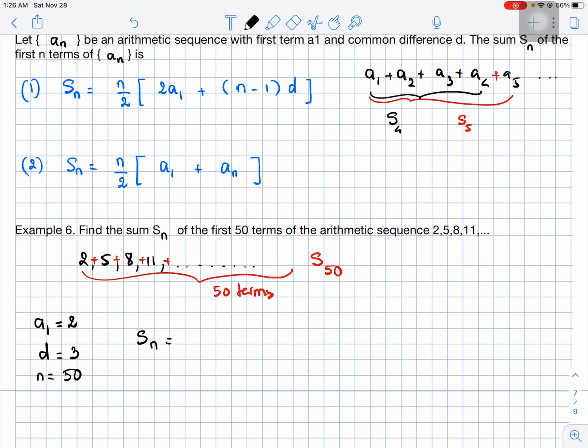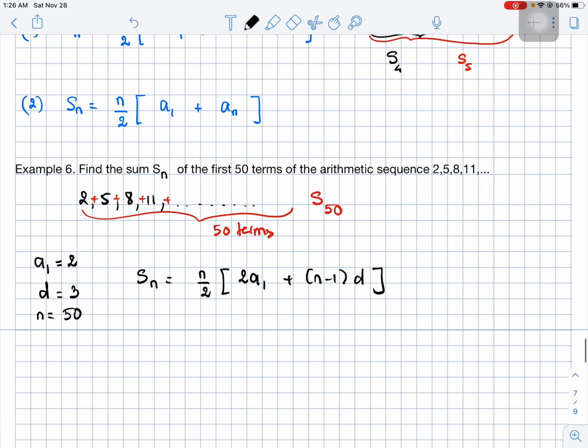S of n equals n over 2 times 2A1 plus n minus 1 times d. So n is 50 divided by 2, and then 2 times 2 plus 50 minus 1 times 3.